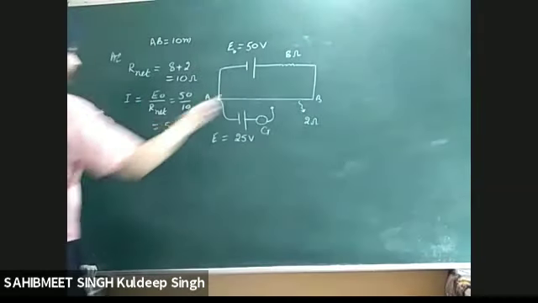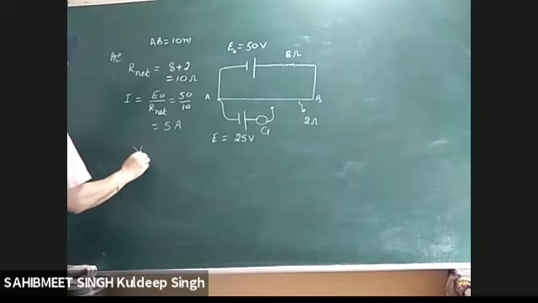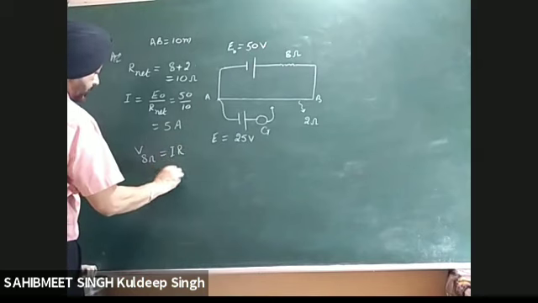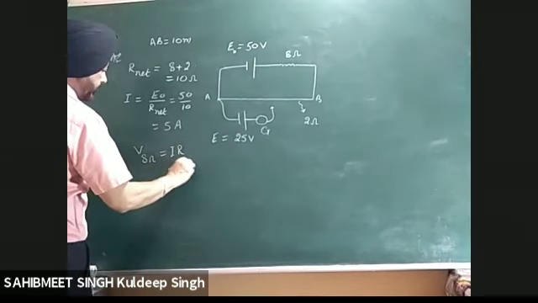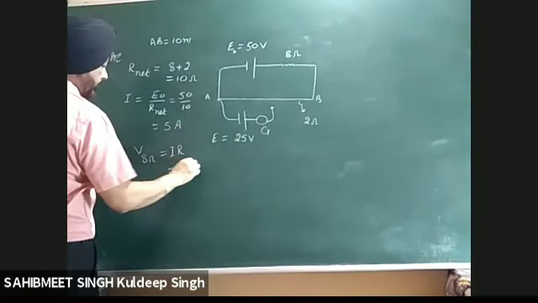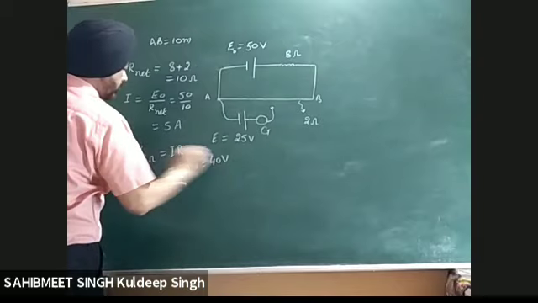So what is the drop here? Drop across 8 ohm, that is I into R, equal to 5 ampere multiplied by 8 ohm, which is 40 volt.